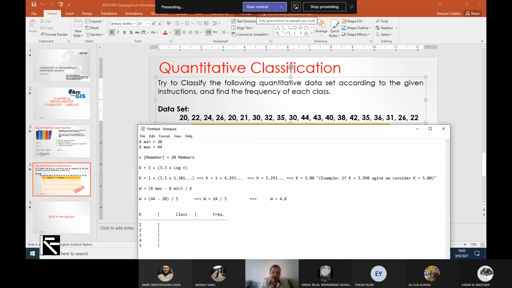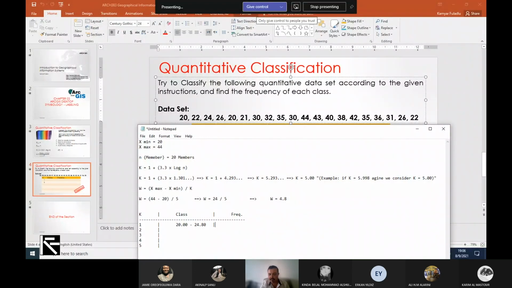I will set my class to start from number 20 until 24.8. We'll make it a bit long, like this. Is this part clear?